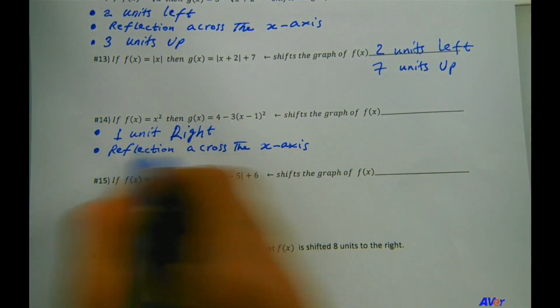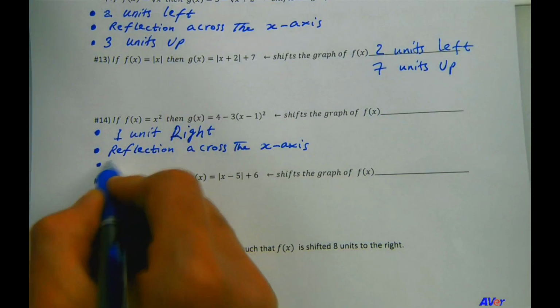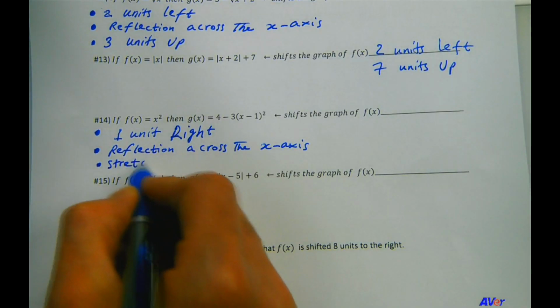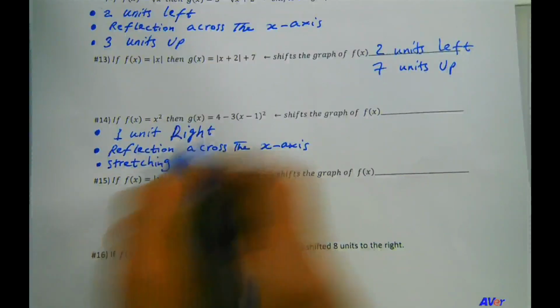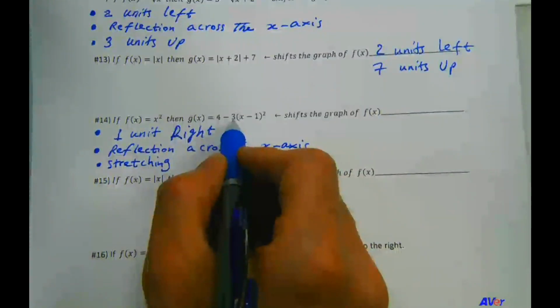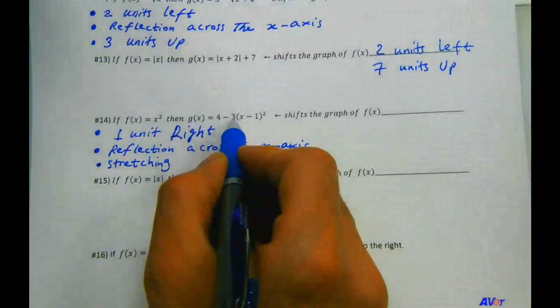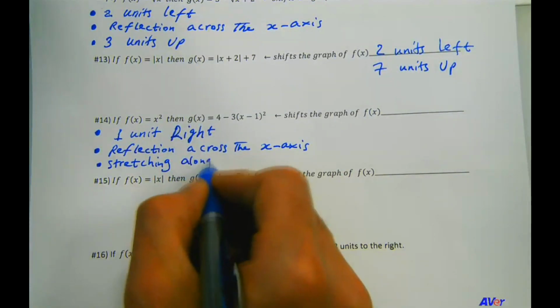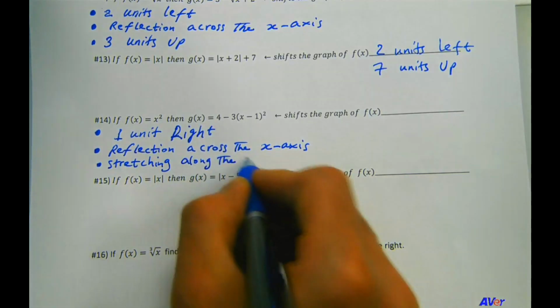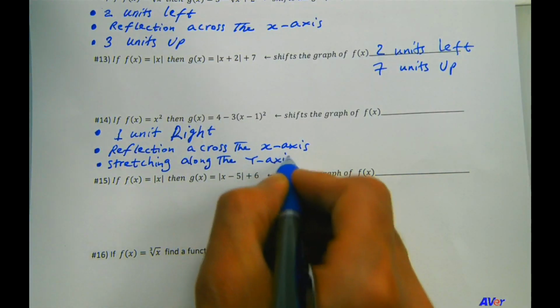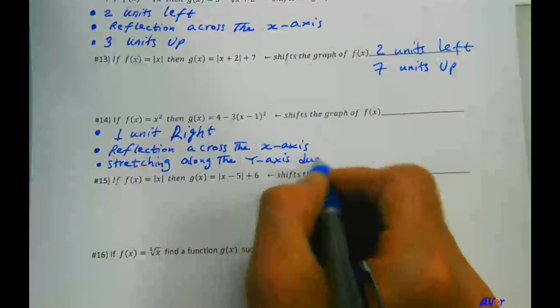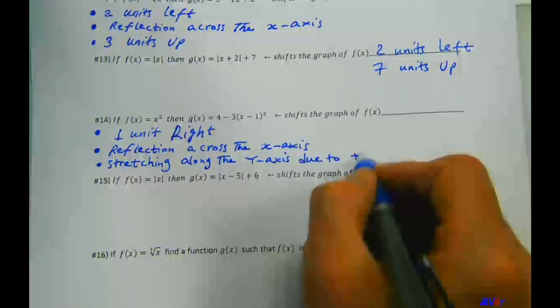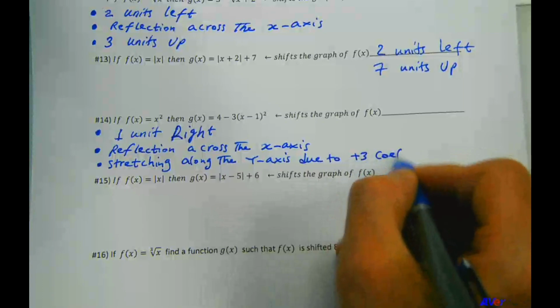Okay, so we have reflection across the x-axis, and then we have stretching, not flattening, right? Because flattening would occur if this number was between 0 and 1. But if it's greater than 1, we have stretching along the y-axis due to positive 3 coefficient.